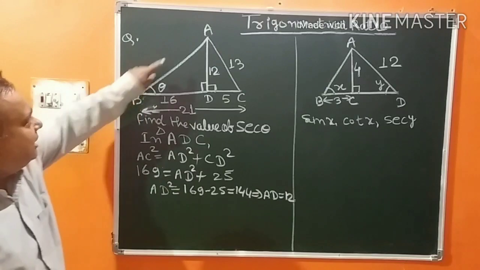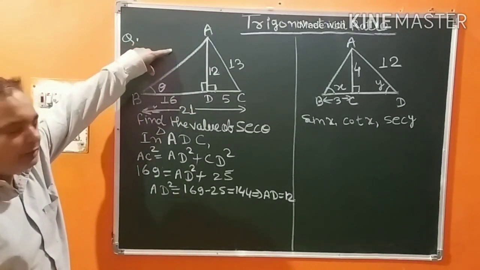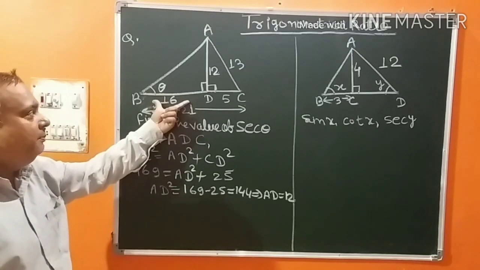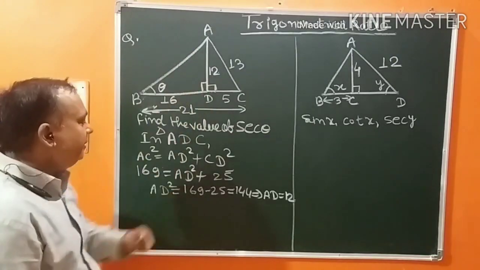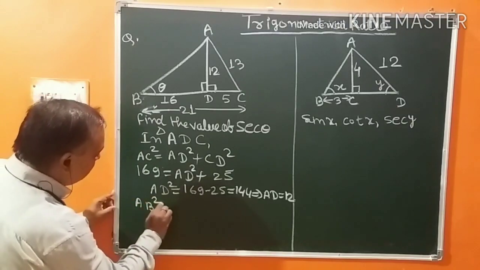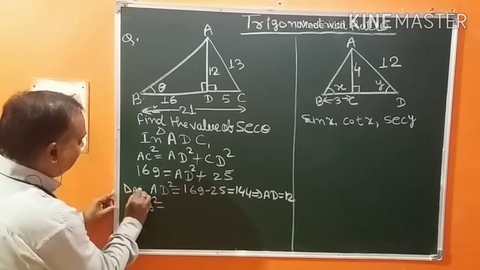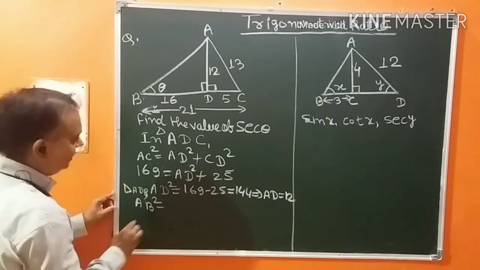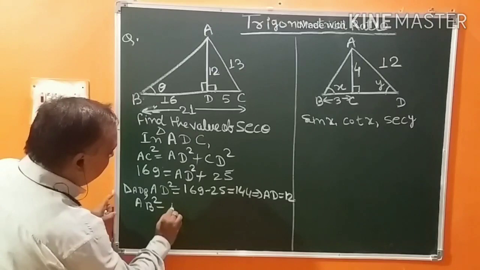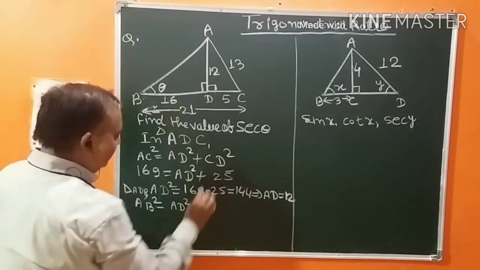So now we take the right angle triangle ADB. AB is the hypotenuse, BD is the base, and AD is the perpendicular. So we can write in right angle triangle ADB, AB square equal to AD square plus BD square.